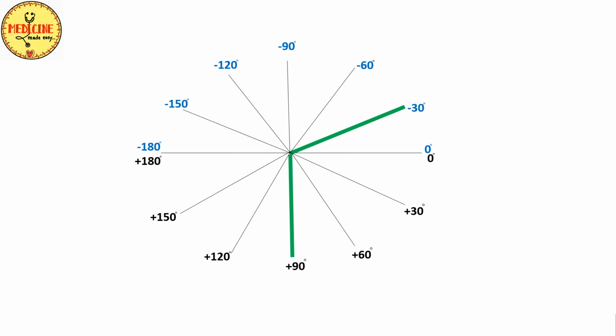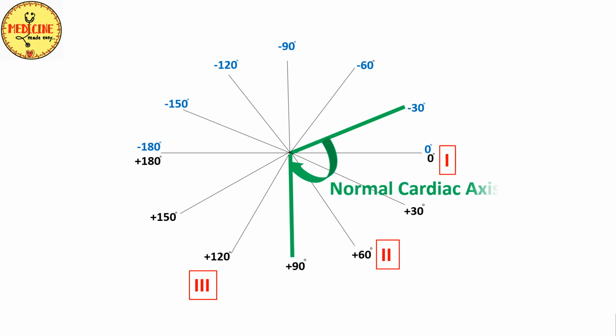Let's consider an axis diagram with angles ranging from 0 to 180 degrees in either direction, positive and negative, as shown here. Leads 1, 2 and 3 will be approximately at 0, plus 60 and plus 120 degrees respectively. Since not all individuals are alike, the normal cardiac axis is not fixed and it ranges from 0 to plus 90 degrees.